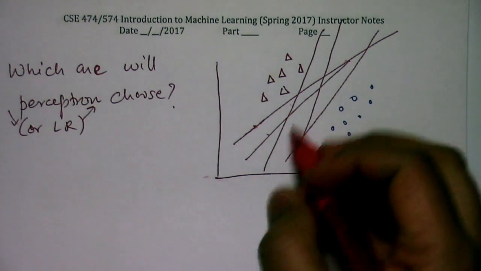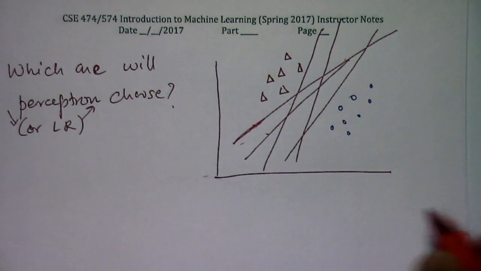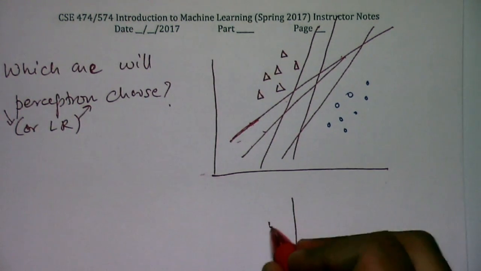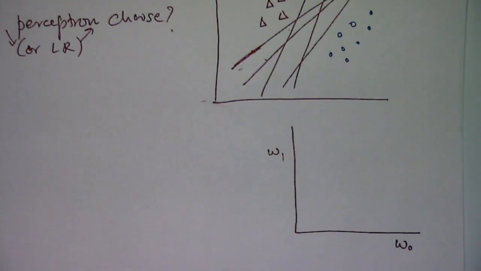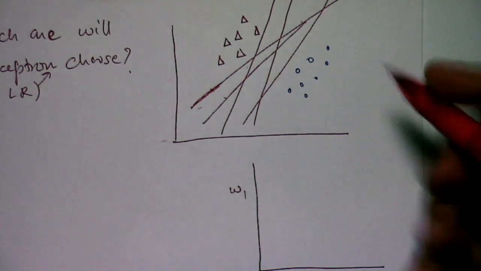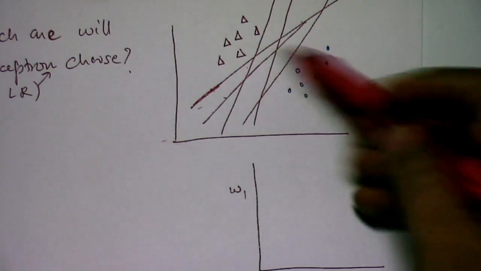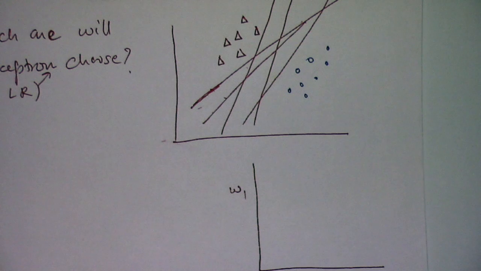So maybe it depends on what you initialize things with, or simply whichever it comes to. If you think about this, this W has 2 parameters, so this is W0 and this is W1. You could create an animation, or maybe I'll create it for next class. This is your data. What will happen is that if you run gradient descent, it will start somewhere. Let's say you initialize your W vector at 0, 0.